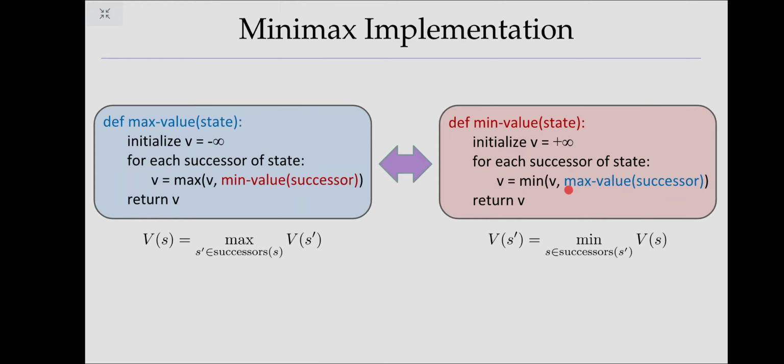The output of the successor is defined by the max value of the successor, because the child of any min player is a max player. We call max value over it. And this process continues until receiving the best action.